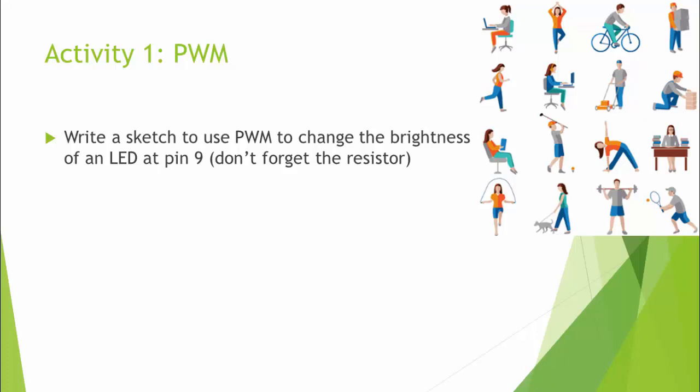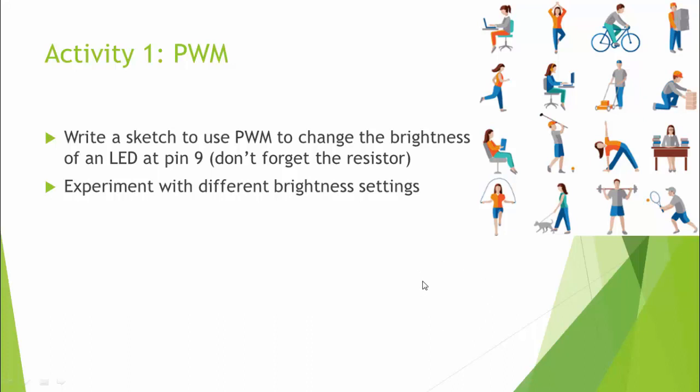So what I'd like you to do is write a quick sketch to use pulse width modulation to change the brightness of an LED at pin 9, for example, so you can use sketches that you've used previously. Now don't forget your resistor, right? It's still getting 5 volts and you will burn out your LED if you don't have a resistor in your circuit. Now you can experiment with different brightness settings. I think you'll find some interesting results there.